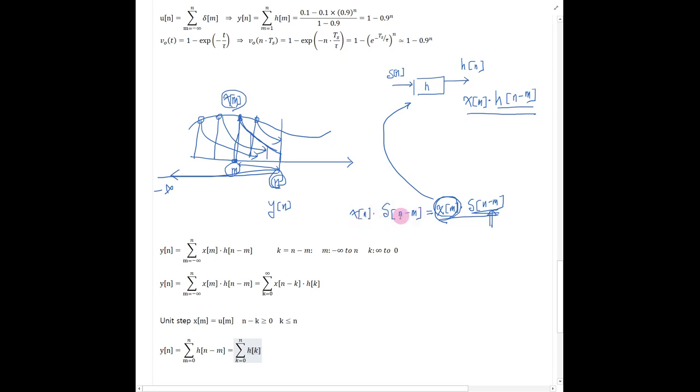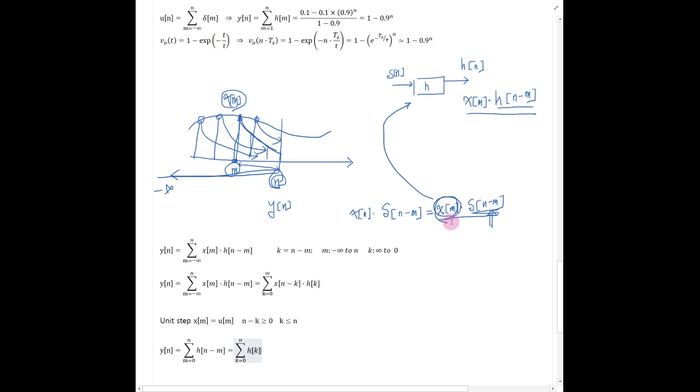Because delta has value only at m, we can replace this one this way. So this one is the delta input, delta[n], and this is just the scale factor. But this system is linear, so the output is just scaled by this much, x[m]. And it is time invariant, so for a shifted input, the output is just shifted.